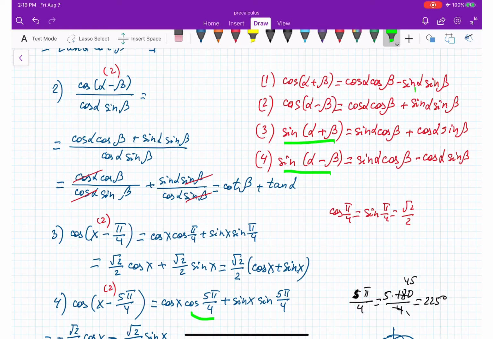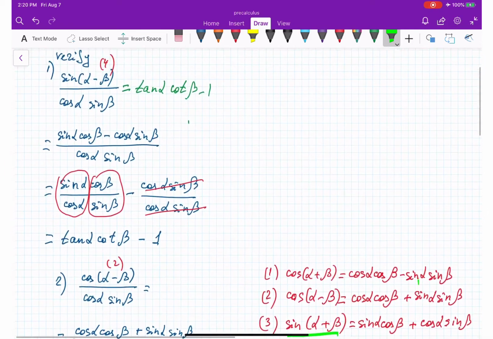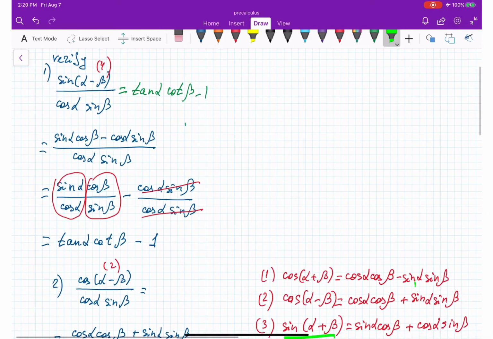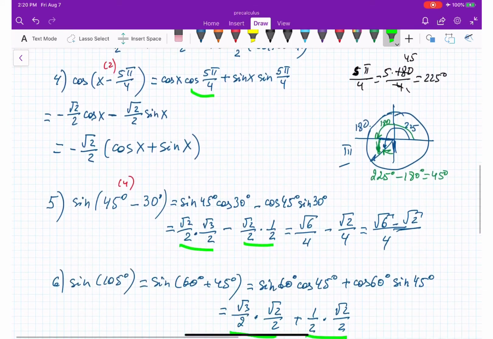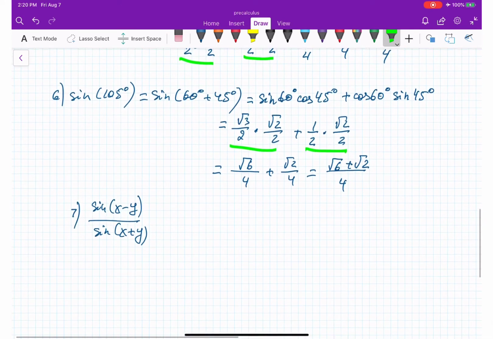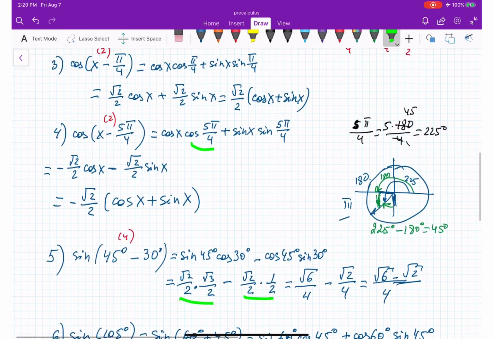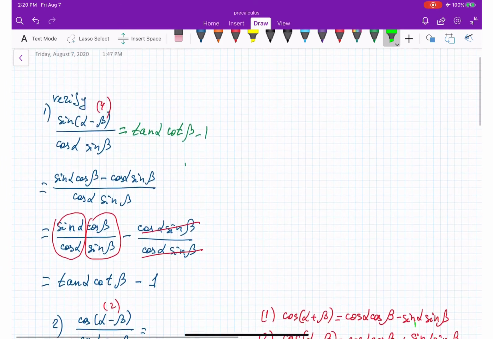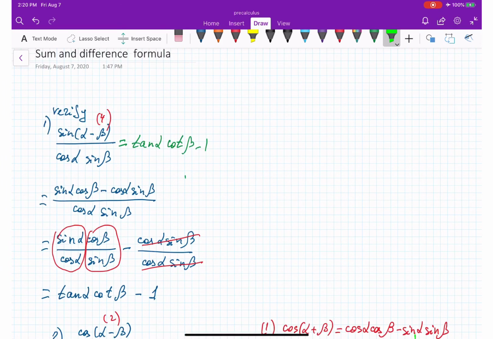Therefore, we have to go different ways, see how we can manipulate. Look at problem number 1 and 2. Look at that. Here in the numerator, we have sine x minus y, right? Sine x minus y, or alpha minus beta, same thing. If you divide by cosine alpha sine beta, you are going to get tangent cotangent minus 1.